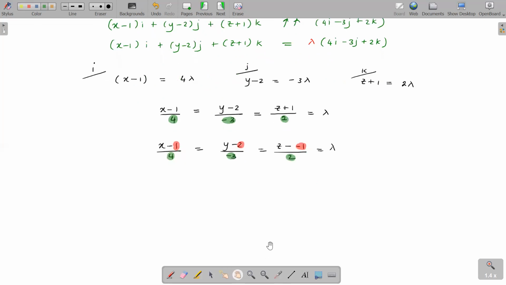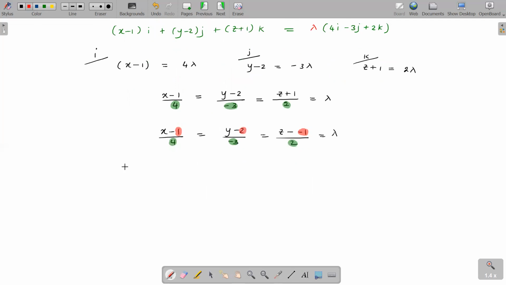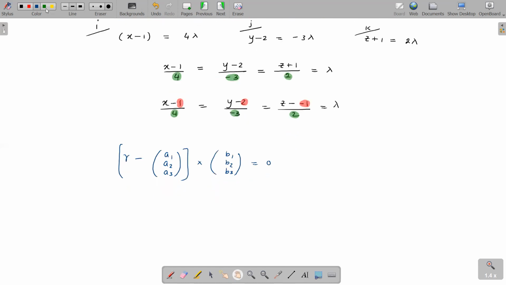So let me give you a general format for this. If I have an equation r minus a cross b, say our position vector is a1, a2, a3, and b is b1, b2, b3, you don't need to go through all of this. You can directly write the Cartesian equation.